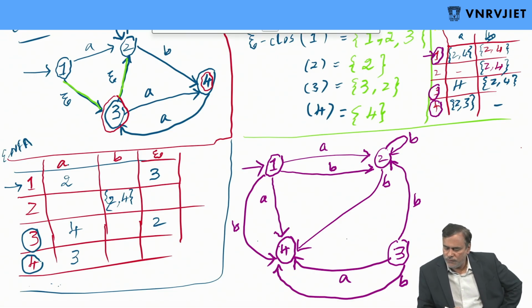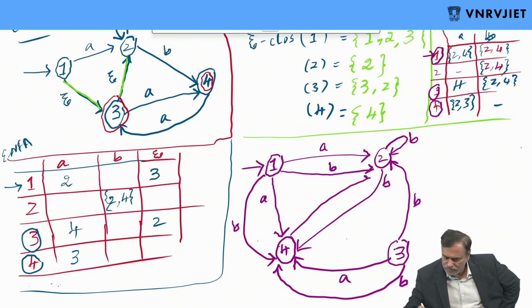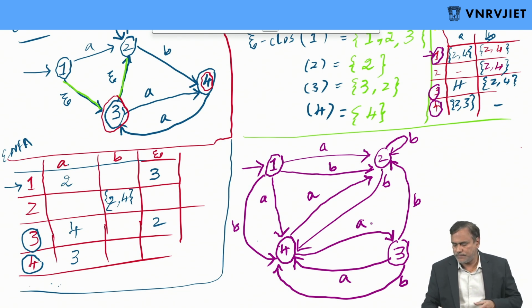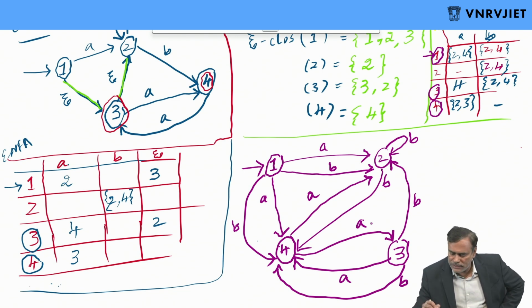And then from 4 on input A, you can go to state 2, as well as you can go to state 3. This is your state 4 on input A. And you are known what are the final states here.